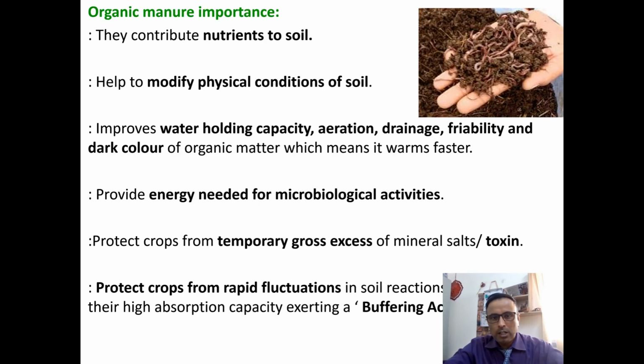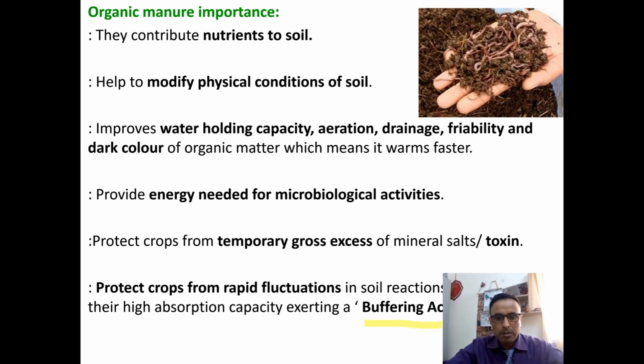Right. Now, organic manure, what is the importance of it? We need to understand it. Organic manures not only add nutrients to the soil, but they also do other important things. They work as a buffering action to protect the crops from different levels of pH changes, right?